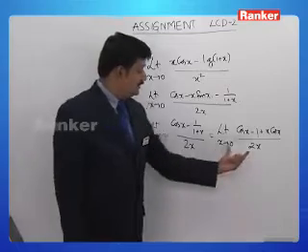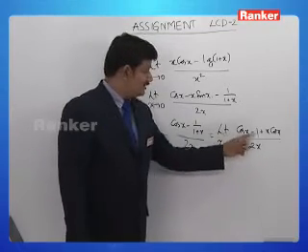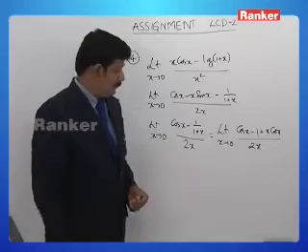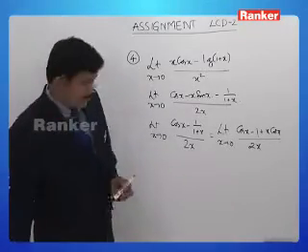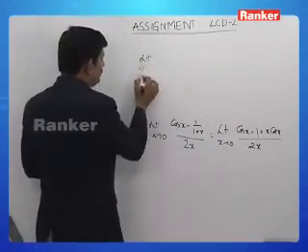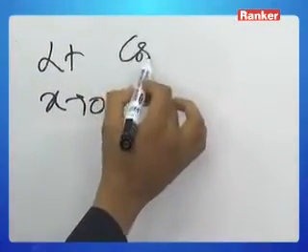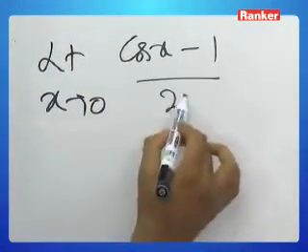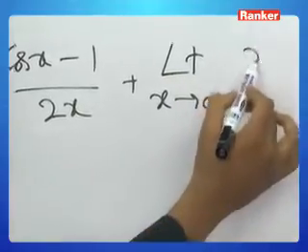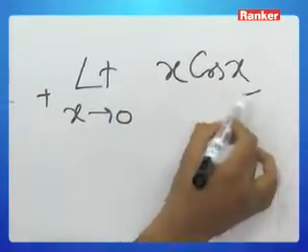Now again we can split this limit into two parts, cos x minus 1 by x and x cos x by x. So this limit can now be written as the limit as x tends to 0 of cos x minus 1 by 2x, plus the limit as x tends to 0 of x cos x by 2x.